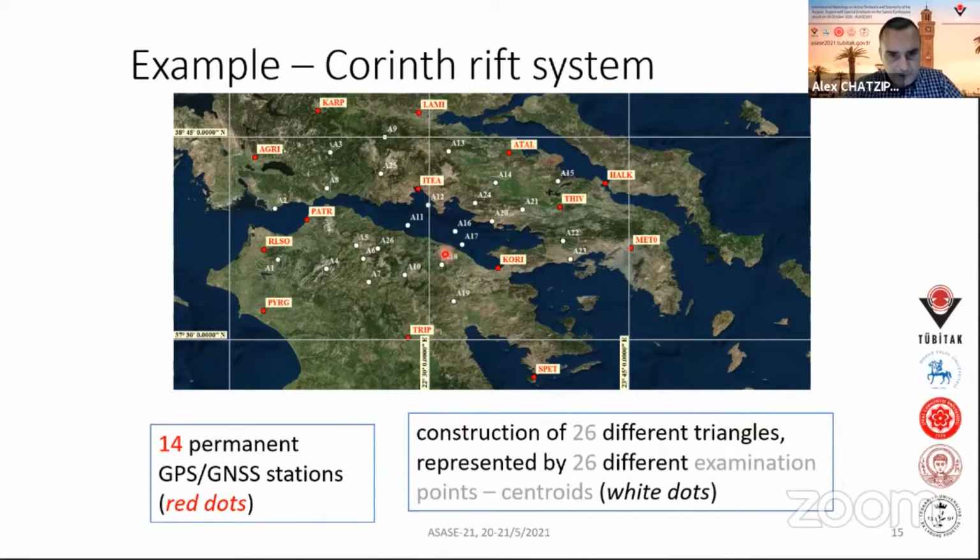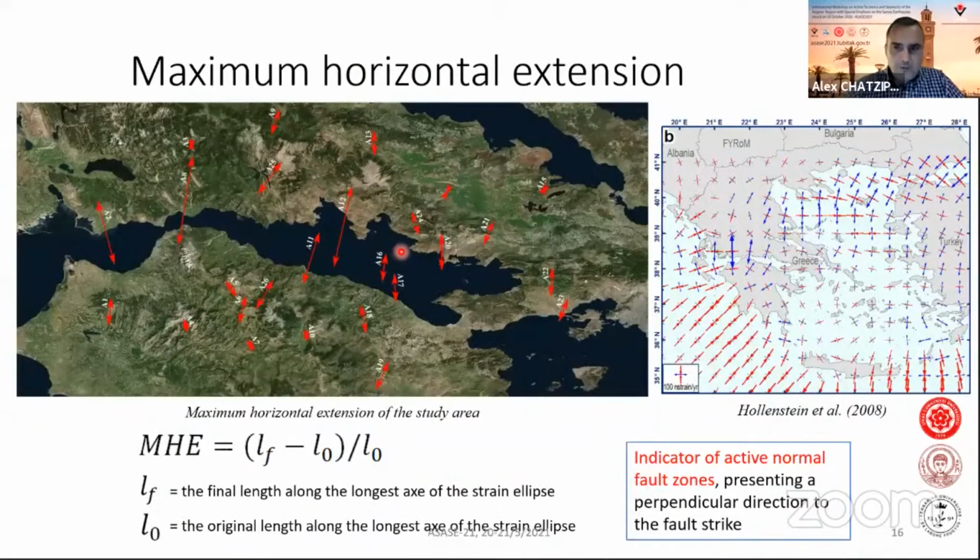In this area, we used information from 14 permanent stations, and the resulting calculations were done by using 26 different triangles between those stations, as well as 26 different centroids. So let me just start with the maximum horizontal extension.